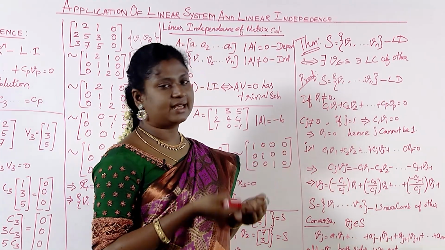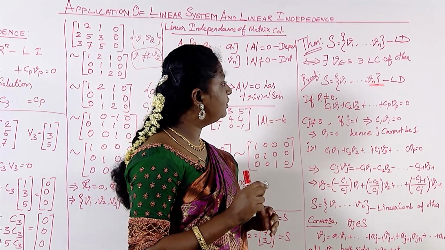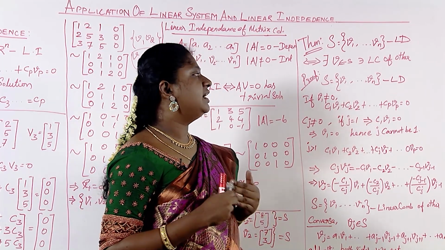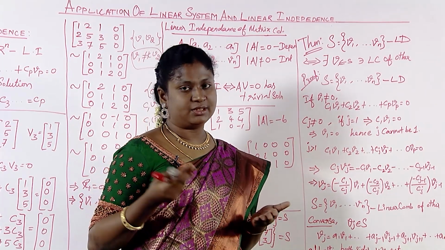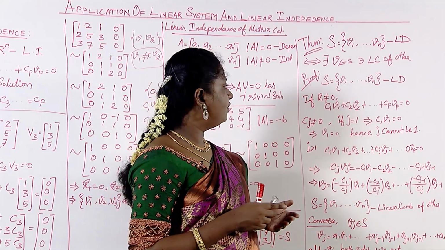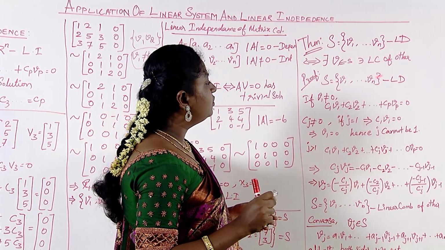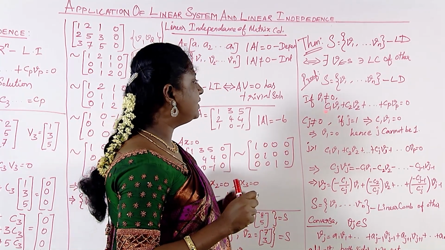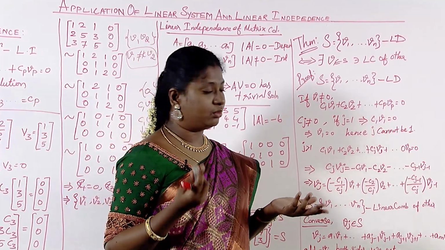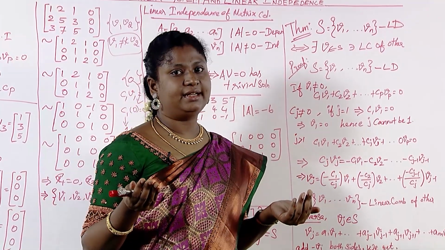As usual, this has a necessary part and a sufficient part. First, we will take the set to be linearly dependent, and we shall try to prove there exists one vector that is a linear combination of the preceding vectors. So for that I have assumed my set to be linearly dependent. If you have only one element, V1 equal to 0, that is automatically a linearly dependent set.